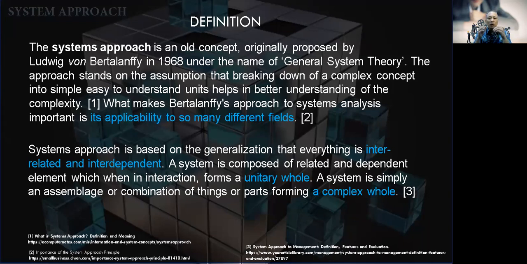So a system is composed of related and dependent elements, which when in interaction form a unitary whole. A system is simply an assemblage or combination of things or parts forming a complex whole. So that is actually the definition of system approach.